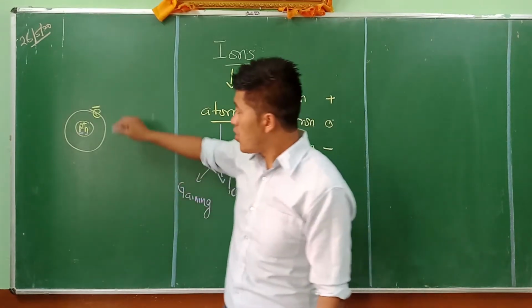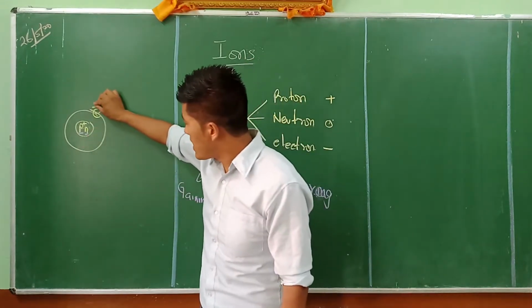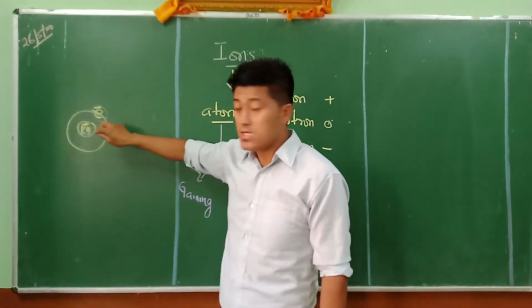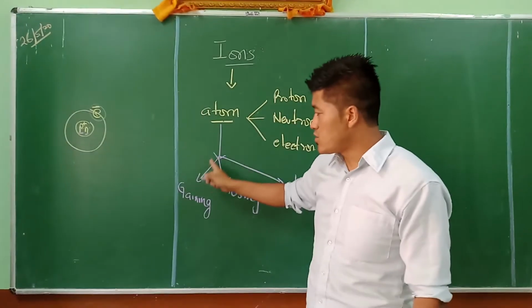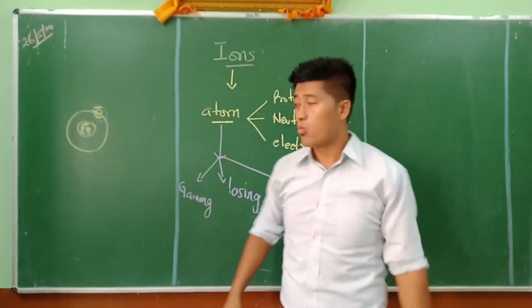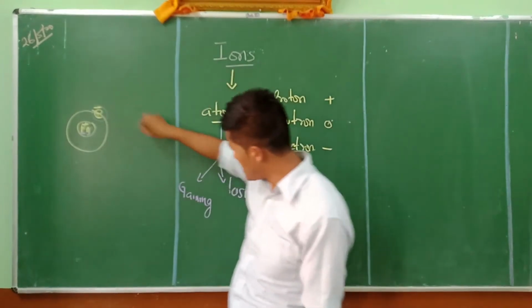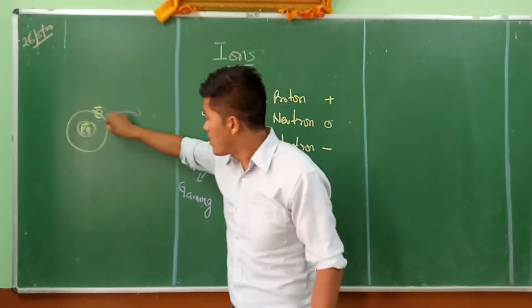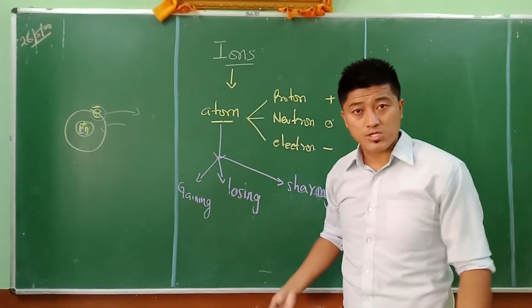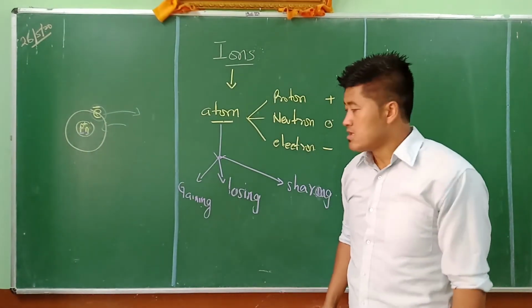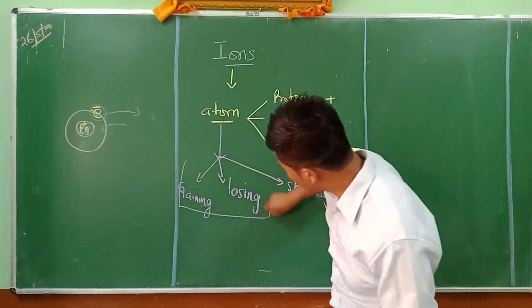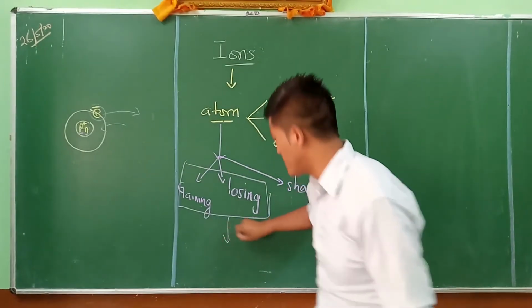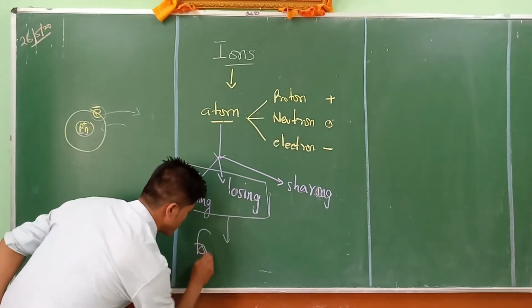So what they lose is the electron. In order to make a connection with another atom, they either gain electrons, lose electrons, or share electrons. Whenever there is a gaining or losing of electrons, there is a formation of ions.